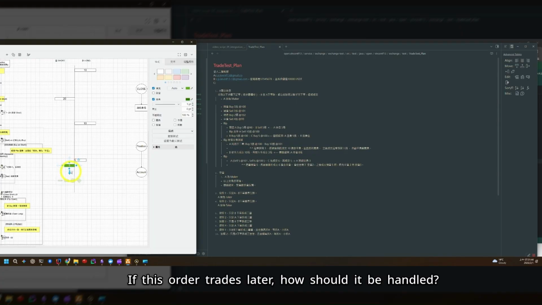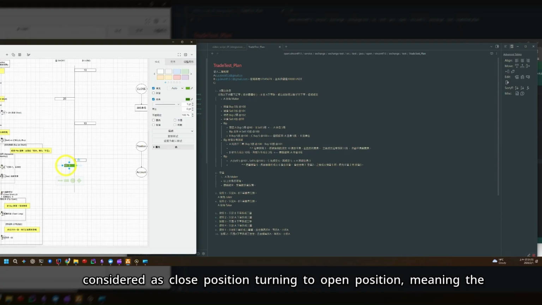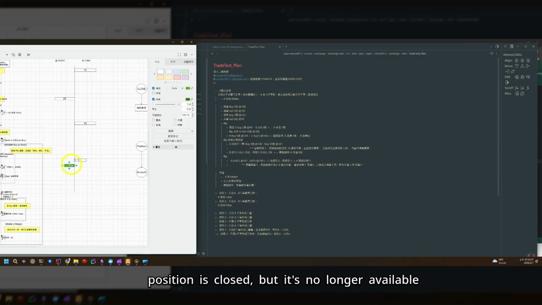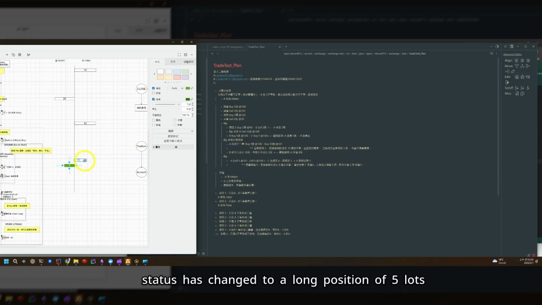If this order trades later, how should it be handled? If it trades later, it will be considered as closed position turning to open position, meaning the position is closed, but it's no longer available. During settlement of the closed position, it's found that his position status has changed to a long position of 5 lots.